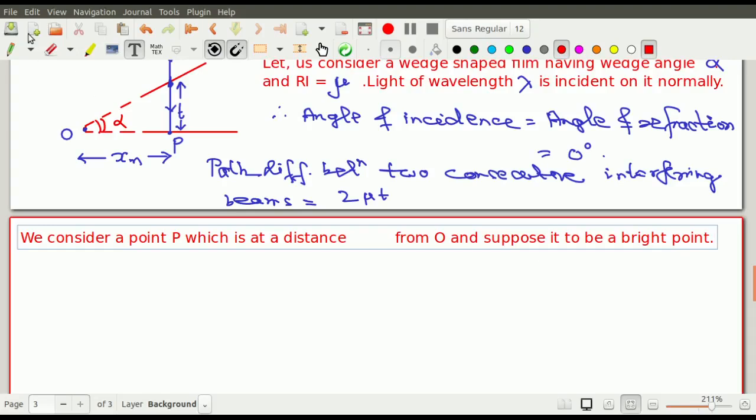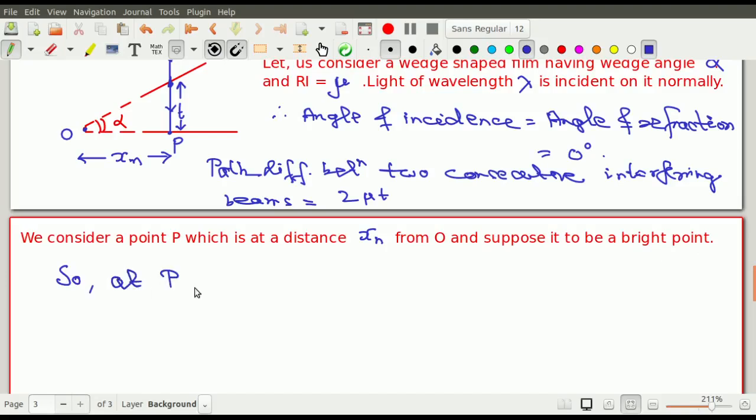Somehow later I will consider it to be a dark point also, dark point ও ধরবো তাকে, and suppose it to be a bright point, ধরে নাও এটা bright point, তাহলে আমি কি বলতে পারি, so can I say that at P, this is the path difference 2 mu t.